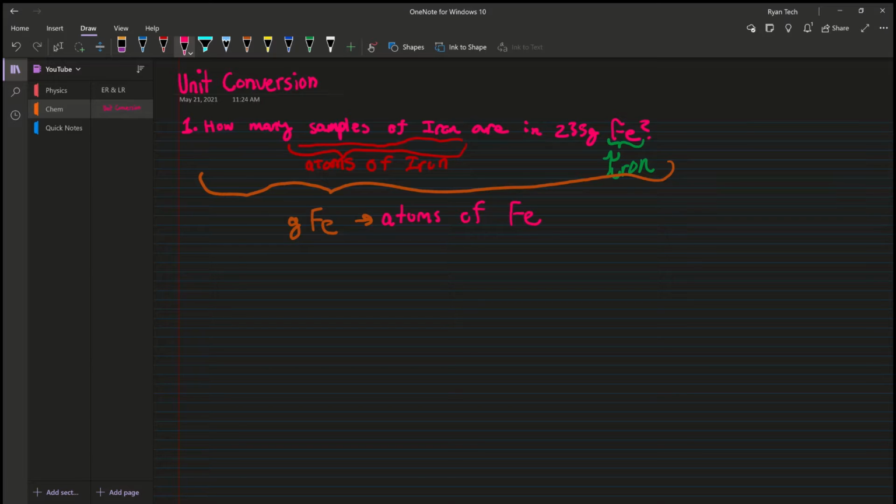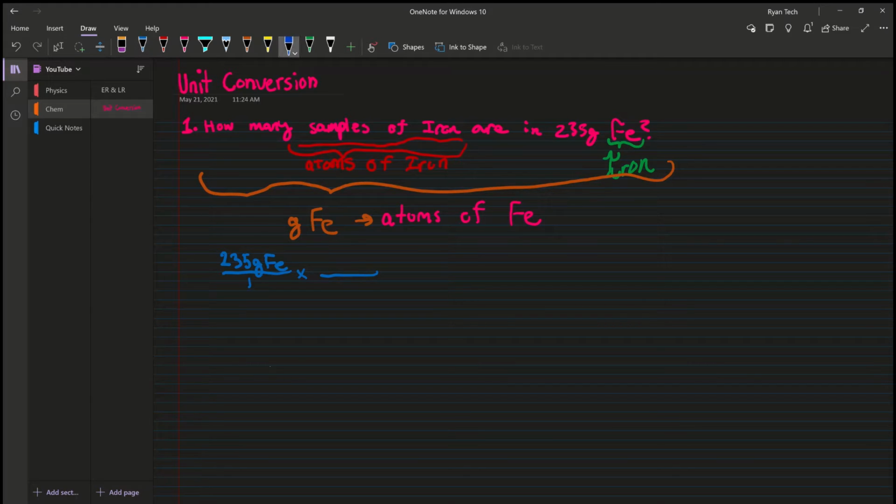So let's get started with the conversion. Okay, so let's first start off with our grams. So 235 grams of iron over 1 times. Now, whenever we convert grams to atoms, this is the order we go by.